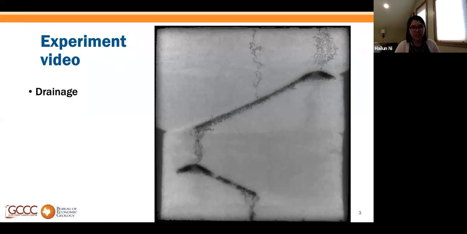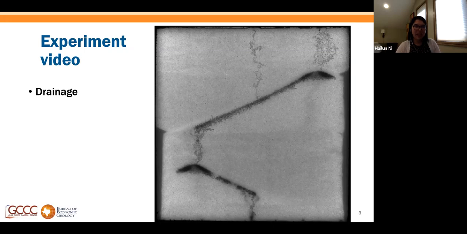But the main challenge is that for this type of beadpack experiment, in order to calculate CO2 or the non-wetting phase saturation, we have to take reference images, first of the dry beadpack and then of the fully water saturated, or fully wetting phase saturated, beadpack, and then align those reference images with the experimental images in order to calculate pixel-wise CO2 saturation.